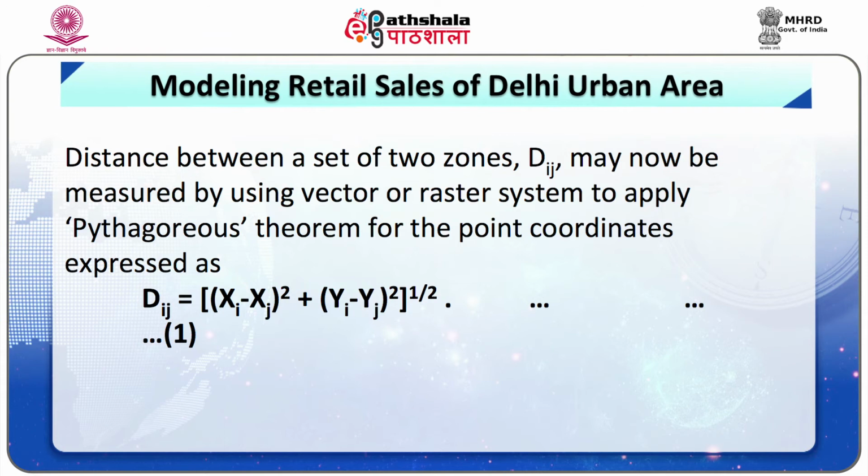Distance between a set of two zones, that is Dij, may now be measured by using vector or raster system to apply Pythagoras theorem for the point coordinates expressed as Dij is equal to (xi minus xj) whole square plus (yi minus yj) whole square, raised to the power half.